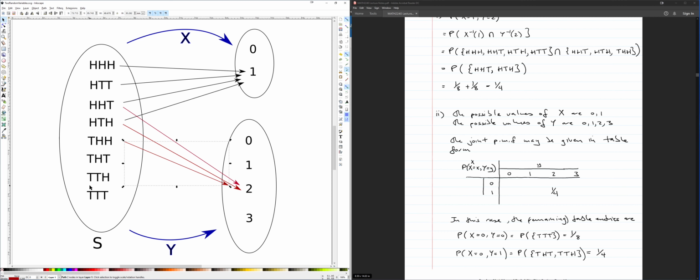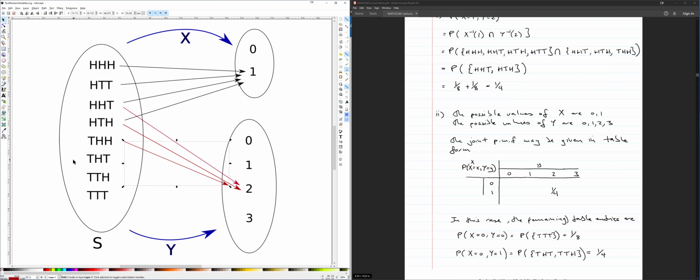So this over here, this is y is equal to 0. X is equal to 0 would be these 4 bottom ones over here. And for it to be x is equal to 0 and y is equal to 0, it means you need to satisfy both x is equal to 0, which is these 4 cases, and y is equal to 0.